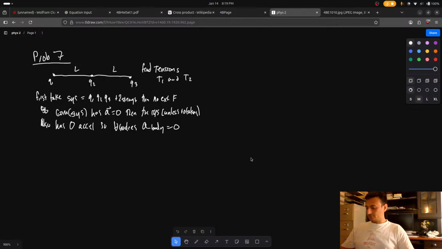All right, so we got that. So now, what do we want to do? We now prove that we're in equilibrium. Thus, equilibrium. Okay. Let's take the system equal to Q1.